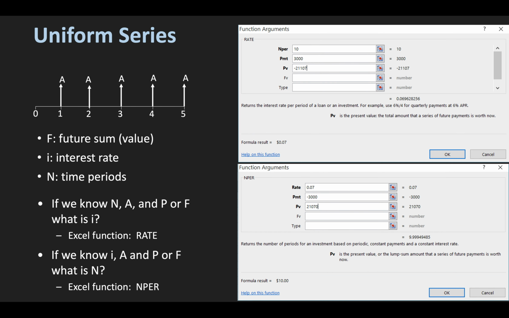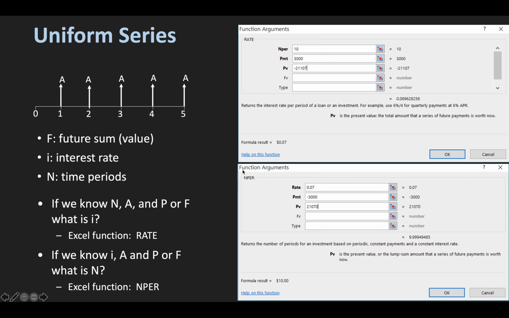Now, if you want to calculate N or calculate the rate, using a formula is really hard. It's actually really hard to get the formula, and they can generate different results. So in that case, the best choice would be to use Excel. You can use the exact same functions we used before.